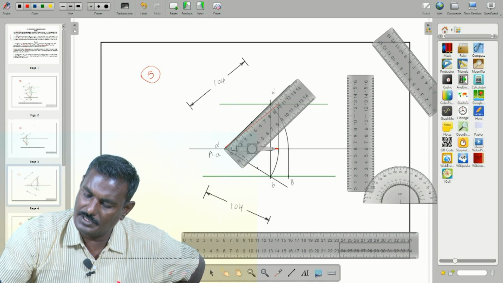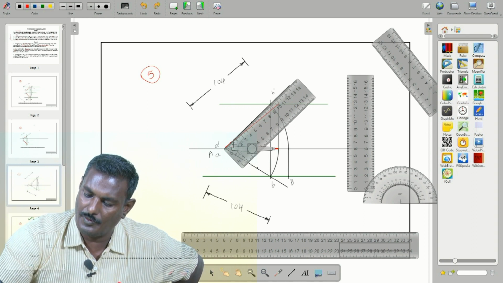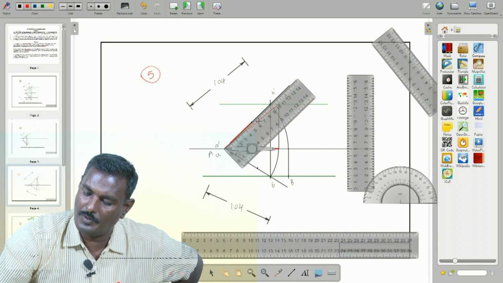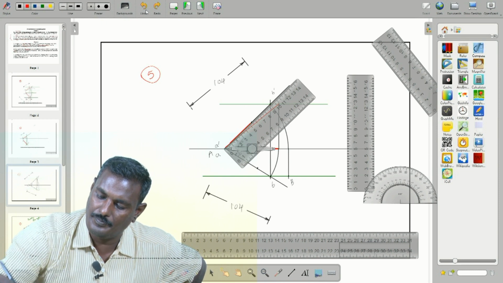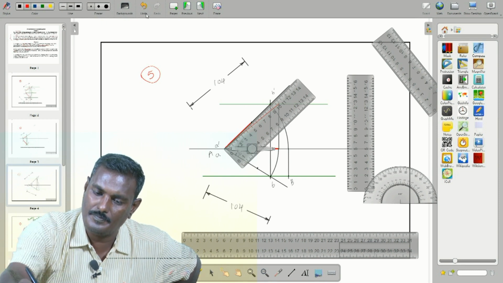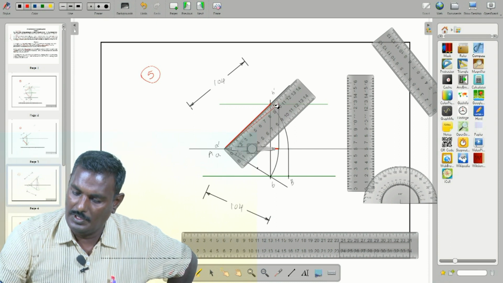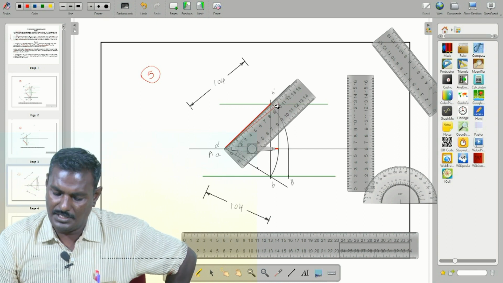So this is projection. That is A dash, B dash.